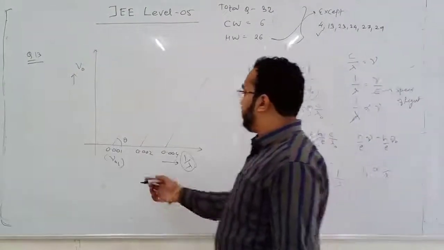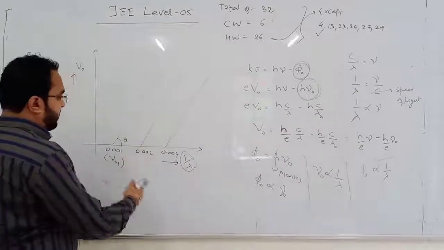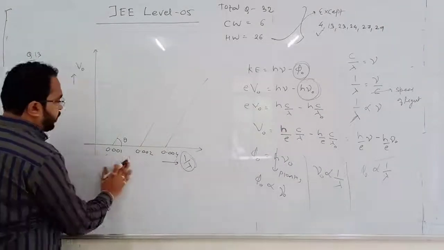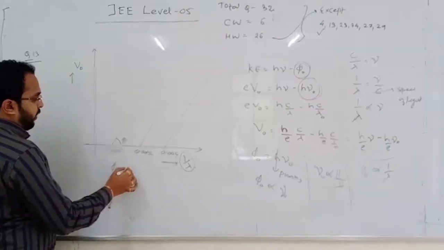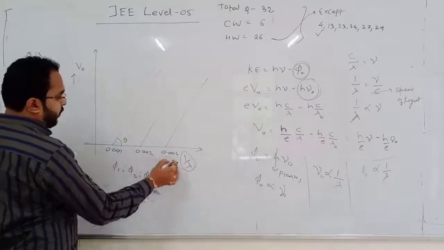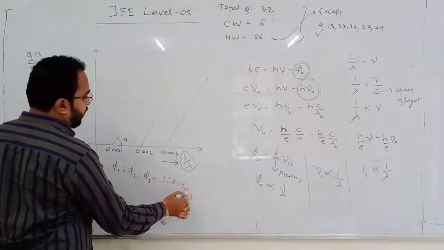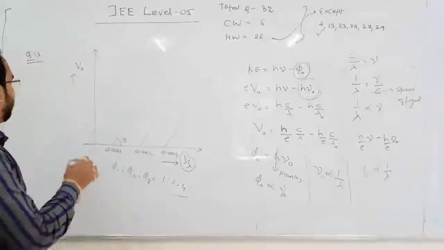That means the values of 1 by lambda are proportional to phi naught. So we can find the ratio of phi naught 1 is to phi naught 2 is to phi naught 3 is equal to 1 is to 2 is to 4. Okay. Hence option A is correct.